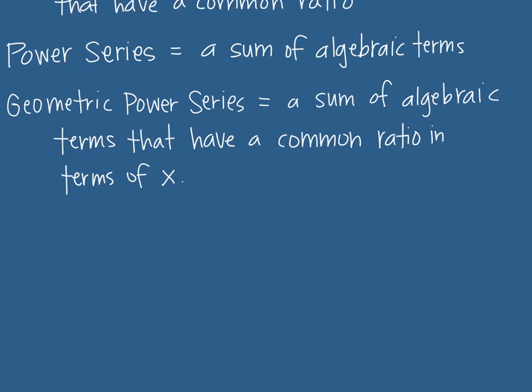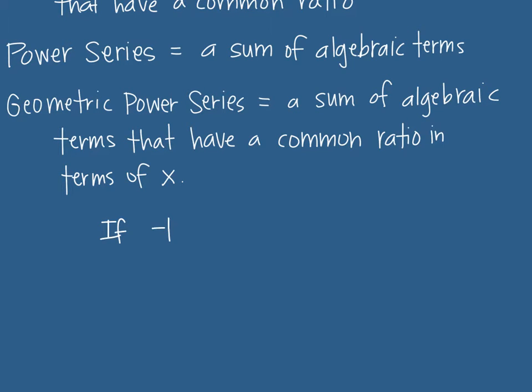On that note card, you also want to put that the same rules that apply to a geometric series also apply to the geometric power series, only we write it like this.